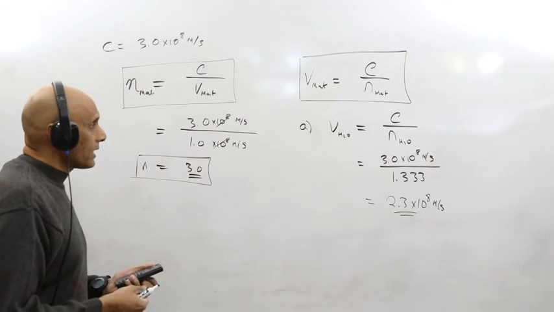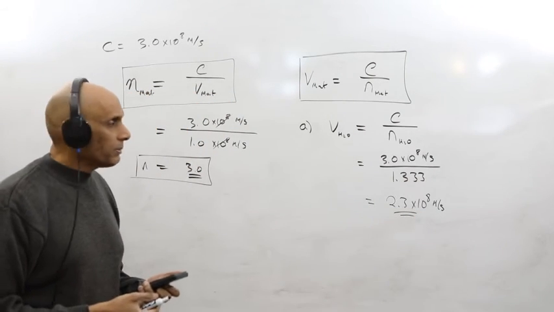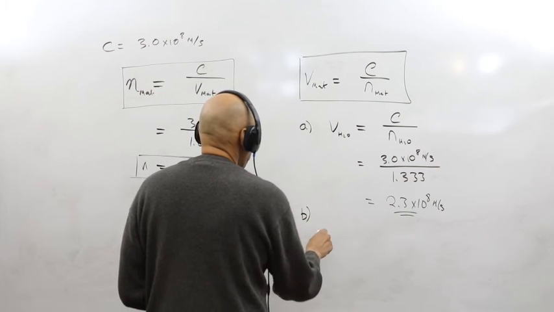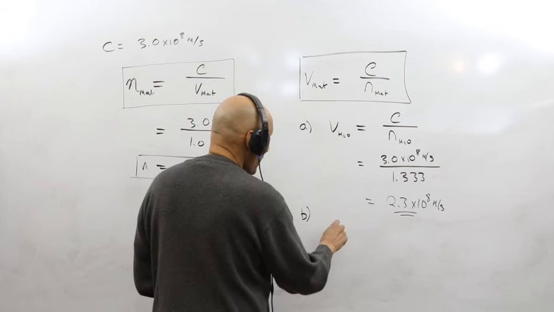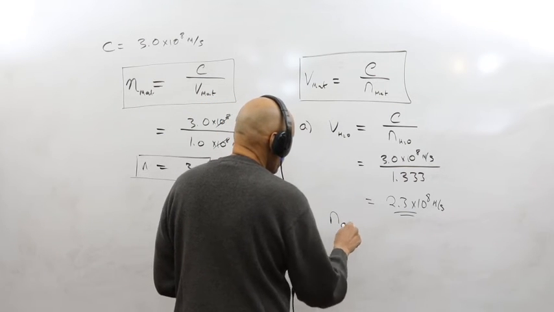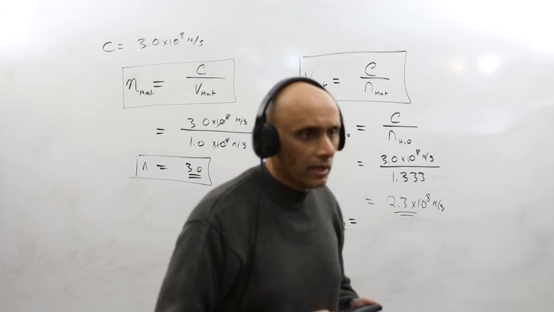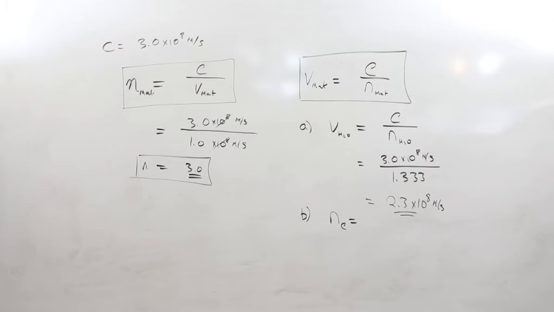Let me do another example, let's do diamond. The index of refraction for diamond, which is carbon, I actually have to look this up, hold on a sec. I'm looking up the index of refraction tables.